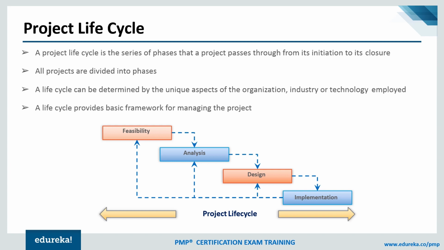So project life cycle provides the basic framework for managing the project. The life cycle can be determined by the unique aspects of the organization, industry, or the technology that you're going to use for the project. There is a lot of additional information that we will cover, and you can also go through the topic in detail in the PMP guide.